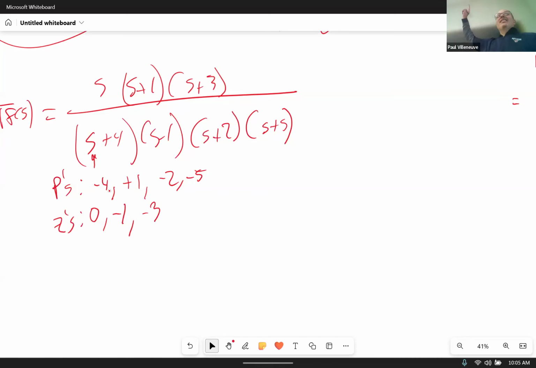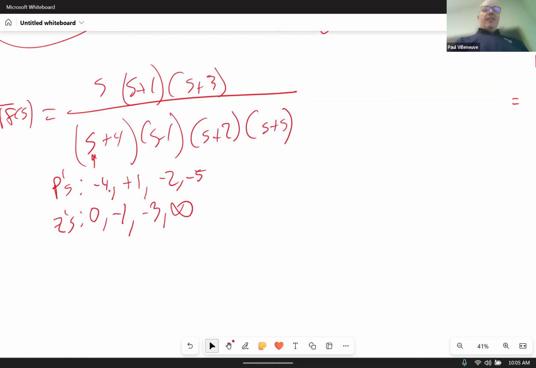So the answer is yes. Remember, there's always the same number of poles and zeros. You should never miss a pole, but if you're missing a zero, because the numbers aren't the same, you always have one additional zero at s equals infinity.